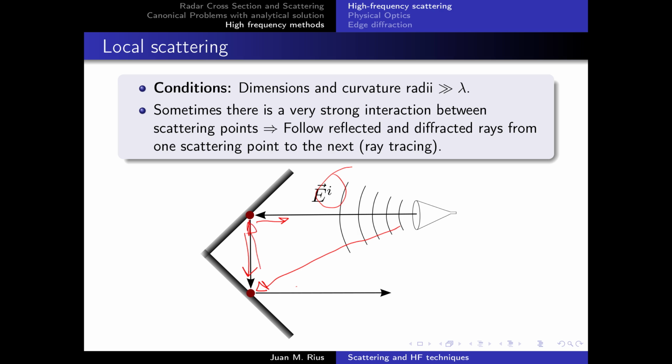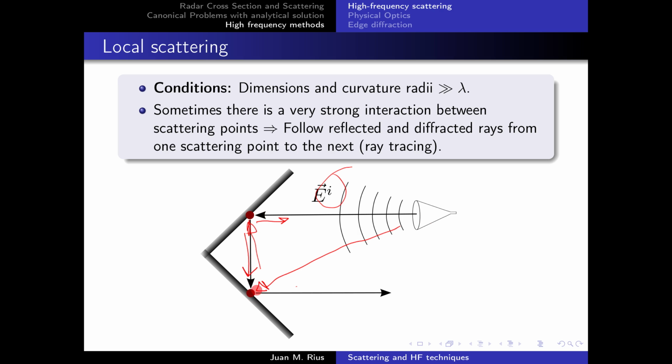So here we have to account for multiple reflections, but we account for multiple reflections as an additional incident field on the surface. So for example, the incident field at that point is the field due to the feeder plus the field reflected at this point that goes to the upper point.